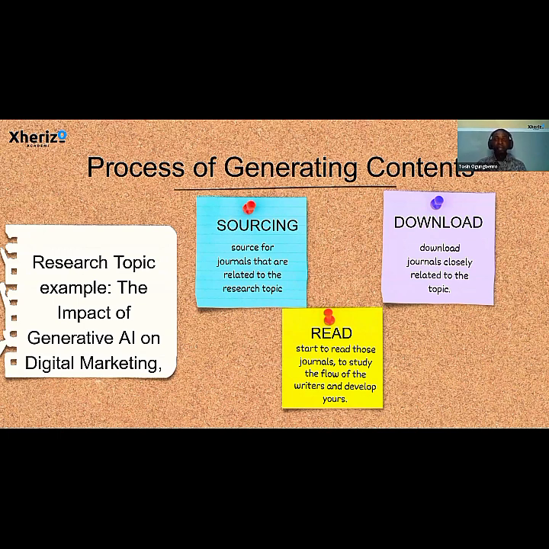In academic writing, it is not appreciated. So in your bid for generating content, you are not generating content from pure inspiration, from your brain. You are generating content from existing literature.